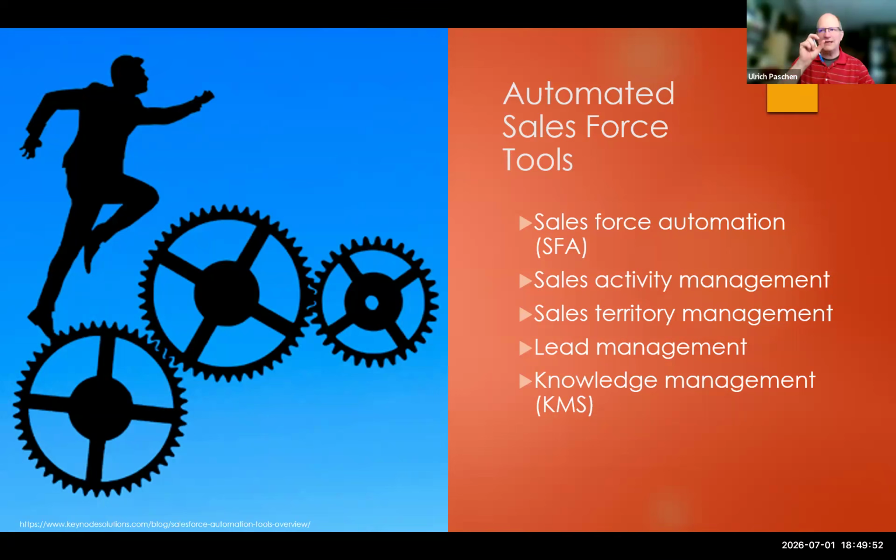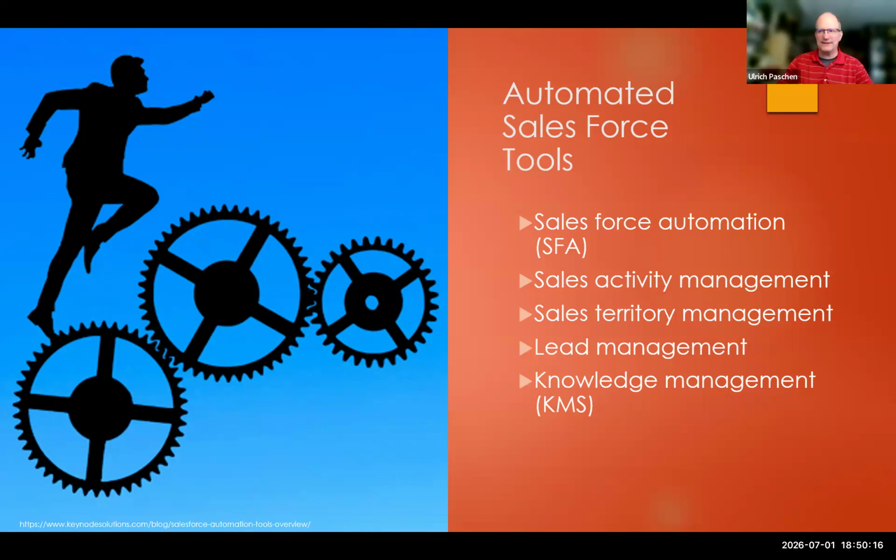The sales activity management system is a variation on this. It's not the same thing. It does offer sales reps a guided sequence of sales activity. So it doesn't automate the whole contact, but it makes sure that, if you will, a kind of script or a kind of playbook is followed that the company sees as the road to the best customer relationship.